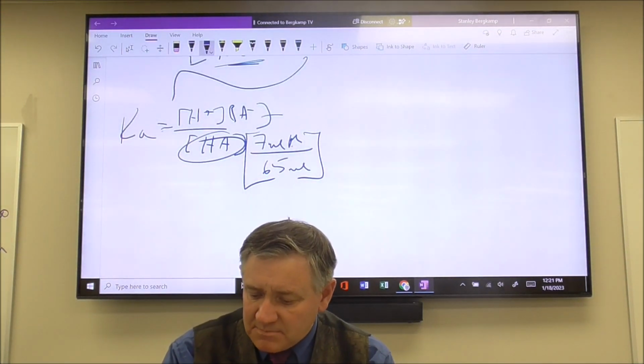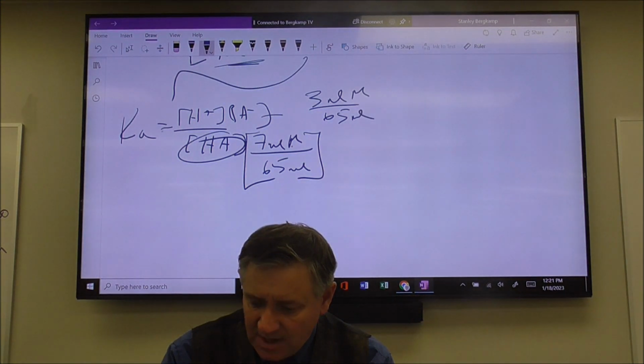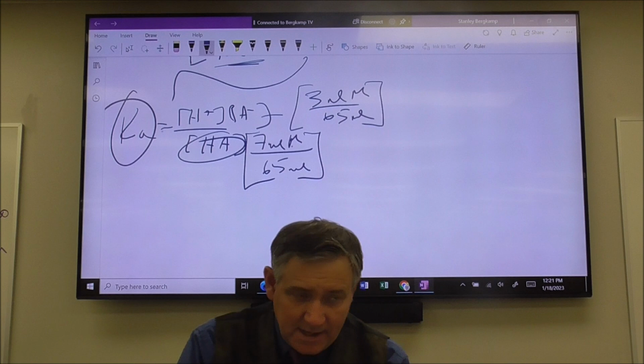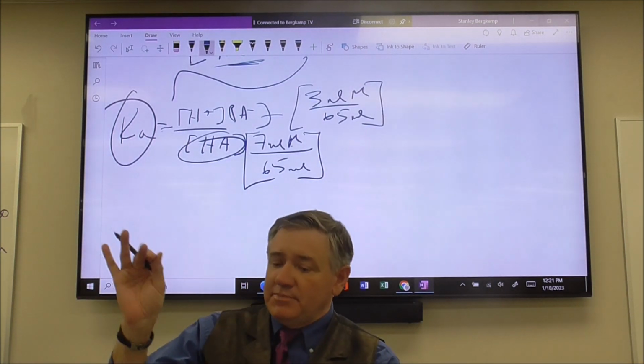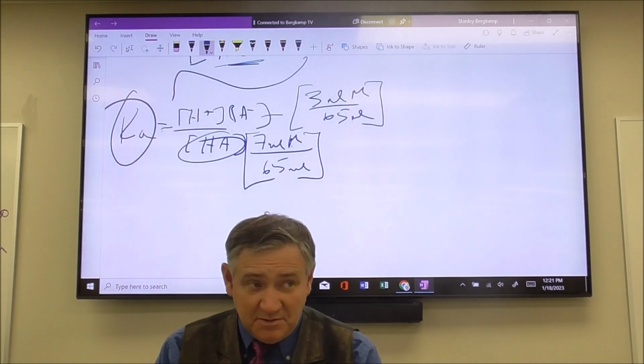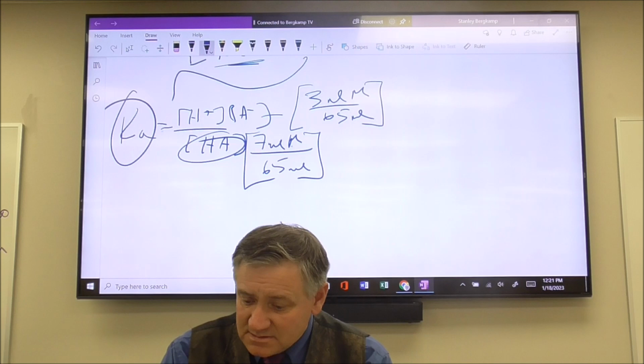Now, the concentration of my anions is going to be 3 millimoles divided by the total volume, which is 65 milliliters. And I know what my Ka value is. Now, because I'm dividing by the same total volume of 65 milliliters, in effect, what's going to happen? It's going to cancel out.